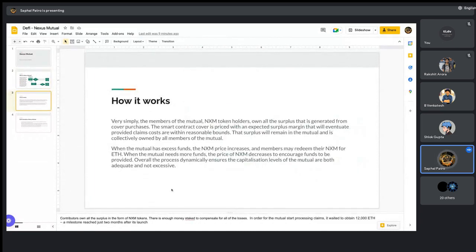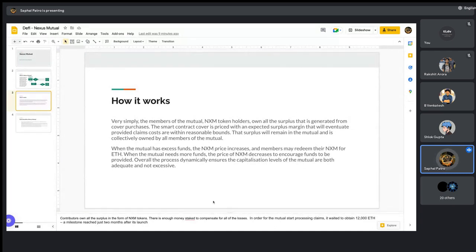This is exactly how it works: members of the mutual have NXM tokens, and they own all of the surplus that comes up when any person buys insurance. Let's say I want to buy insurance. I am provided an NXM token, which holds all of the value that is there in the smart contract.